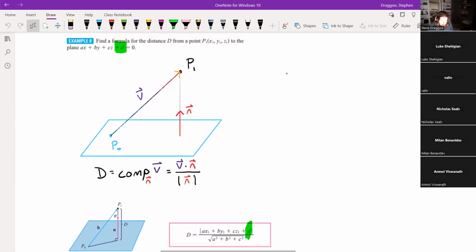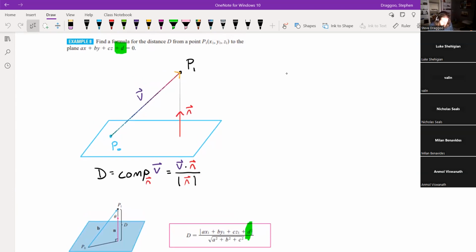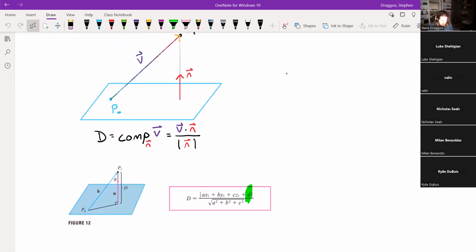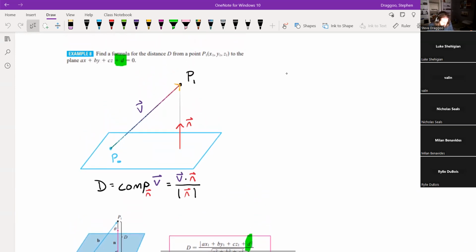But then I'm going to claim that v dot n, the numerator of that scalar component, is, again, the equation of the plane with the point on the line plugged in. You have to be careful with this equation, though, because I see it go wrong quite frequently. It's important that you write the equation of the plane as a bunch of stuff added together equals 0, right? So you've got to have 0 on the right side of the equal sign in order for that equation to work.